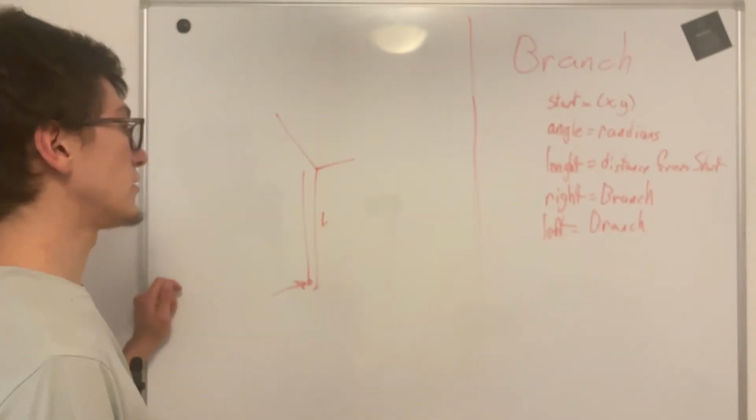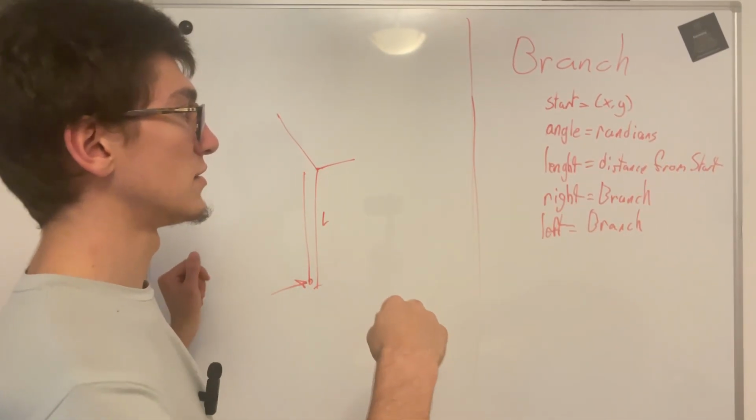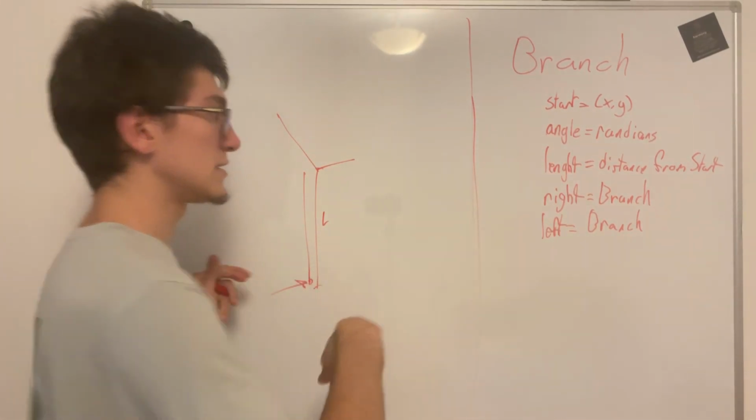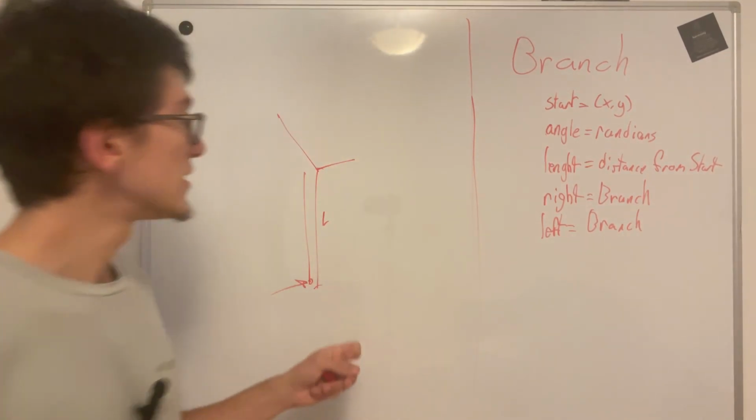And then we create as many right and left branches as long as the length is greater than, let's say, 3. That's pretty much the goal.